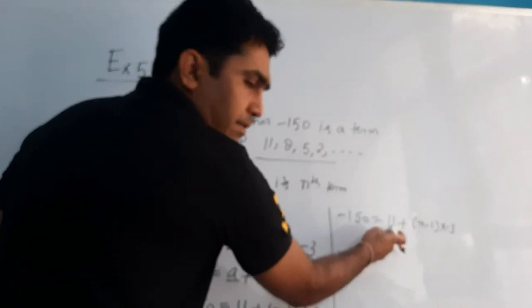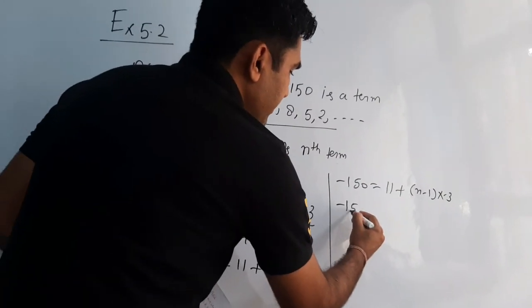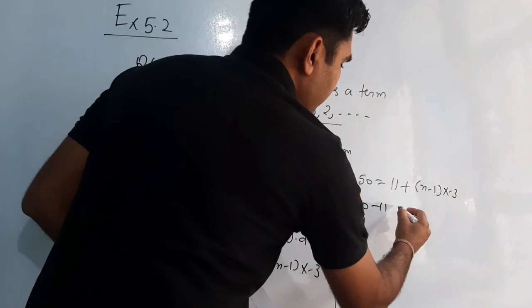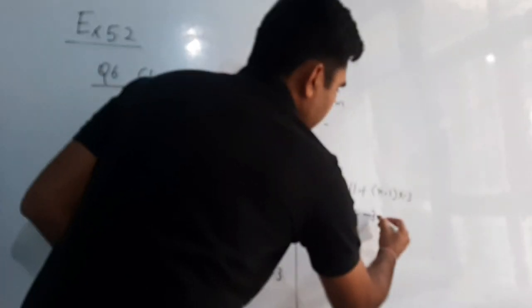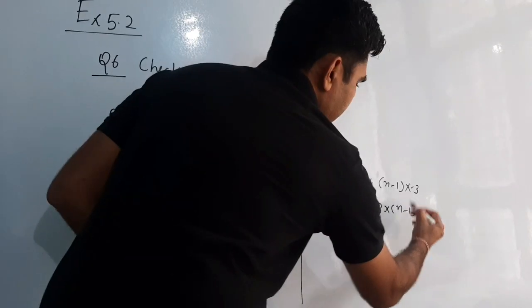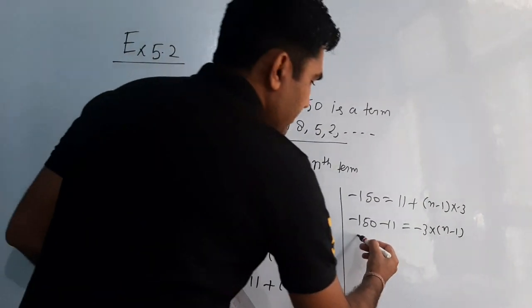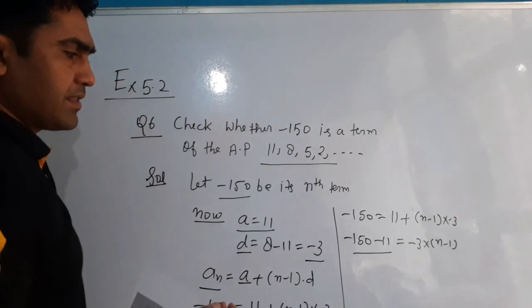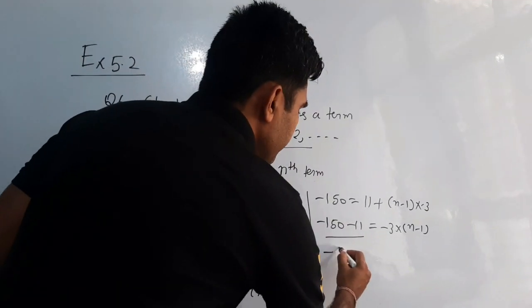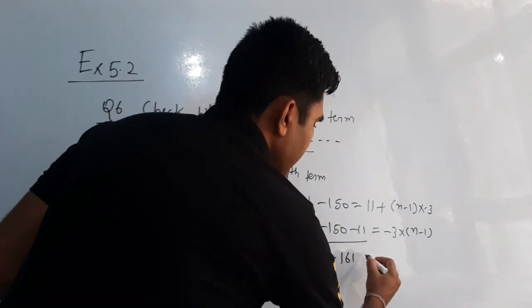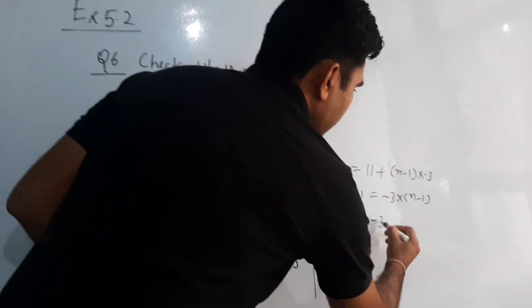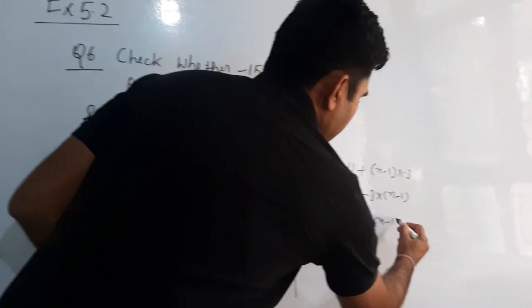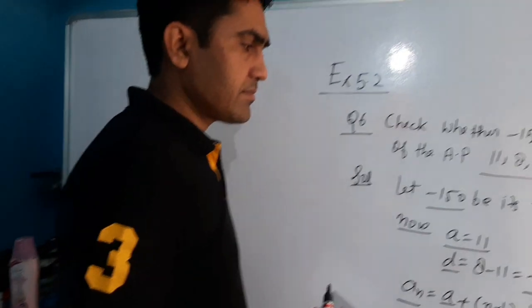You will bring 11 to this side. So minus 150 minus 11 equal to minus 3 into n minus 1. This will become minus 161 equal to minus 3 into n minus 1.